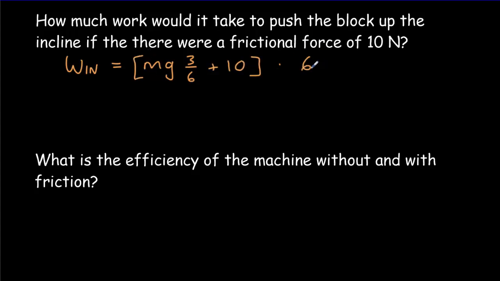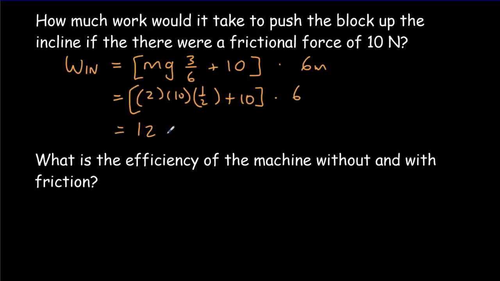And once again, we have to push it through 6 meters. So we're going to get an input there of 2 kilograms times 10 newtons per kilogram times 1/2 plus another 10 due to friction. Multiply that by 6 and we'll get 120 joules of input work needed to push it along the incline.